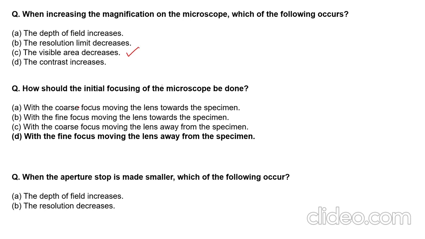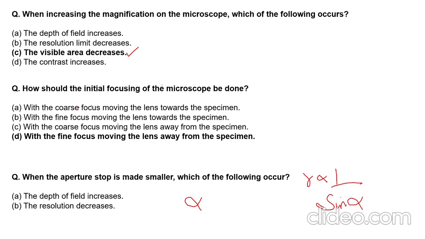Okay. Then we have the question that says, when the aperture stop is made smaller, which of the following occurs? The depth of field increases, the resolution decreases. The aperture stop is nothing but your angle alpha, which is the semi-aperture angle. So you have this angle, and it is saying you make it small. You know the relationship between your resolution and your angle, which is 1 by sine of alpha.